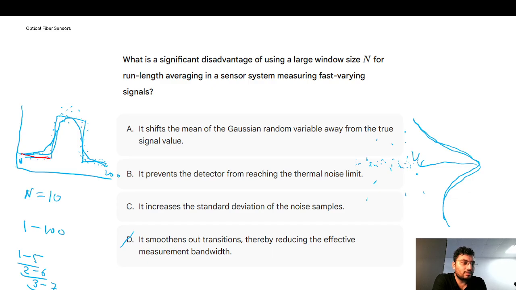Not a perfect square wave, but the information will be intact, much better than the previous one. Like this. So this is the correct answer.